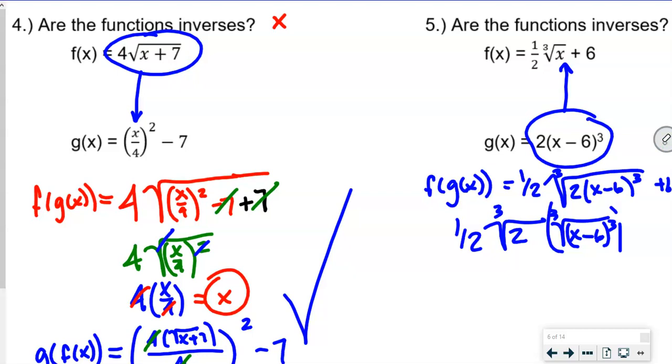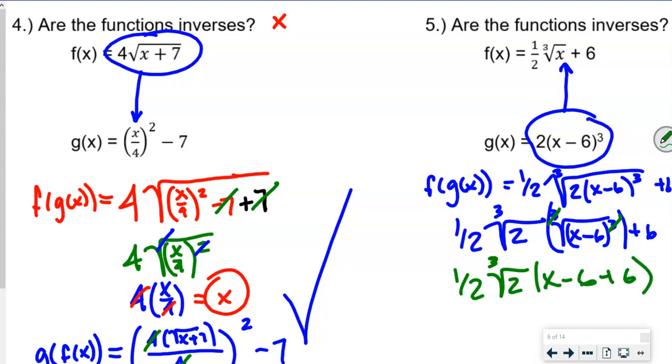And then we still got our plus 6 out here. Sorry, got all my lines going crazy places, y'all. So notice here that this cancels this. So this is going to be 1/2 times the cube root of 2. And then we've got our x minus 6 plus 6, right? So these cancel each other out.